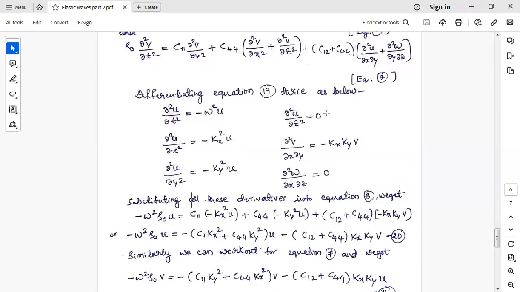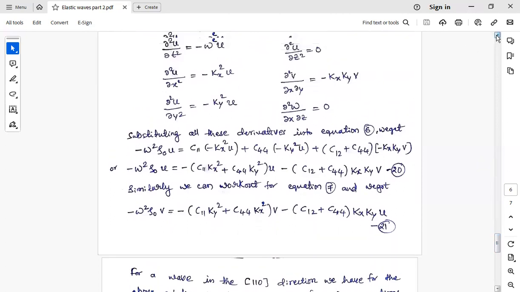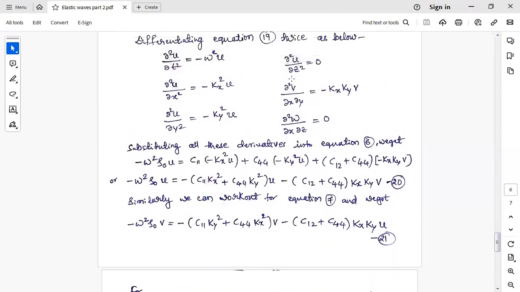Dou square u by dou z square is 0 because the wave is propagating in the xy plane. So this quantity will come, dou square v by dou x dou y, and this is equal to minus kx ky into v.